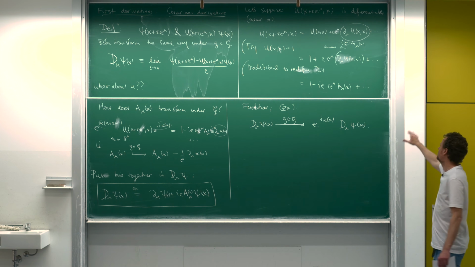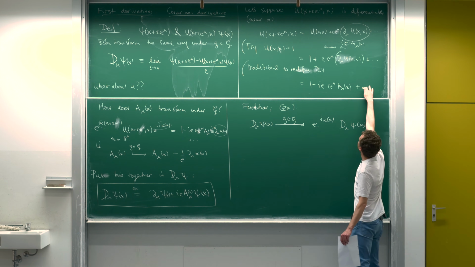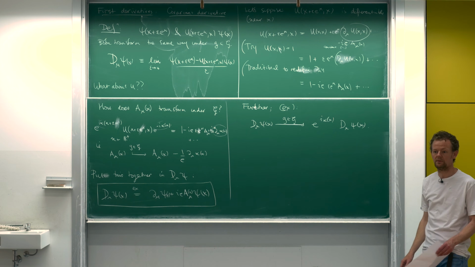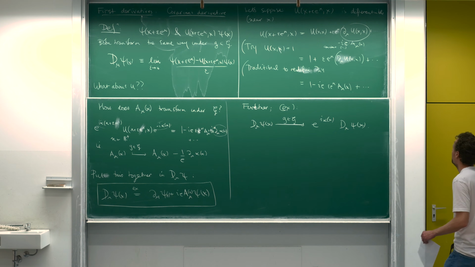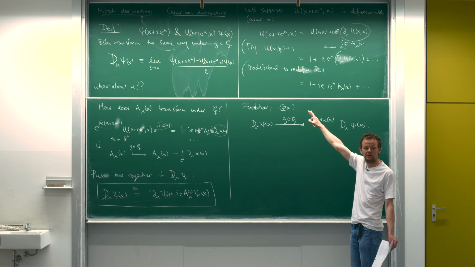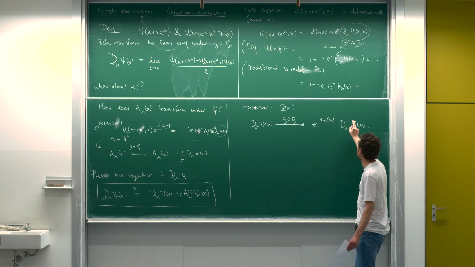For finite epsilon, there are an infinite number of terms in the series for the Taylor expansion of U. But in the definition of the derivative, we take that limit to 0, and it turns out only the first order term has any contribution.